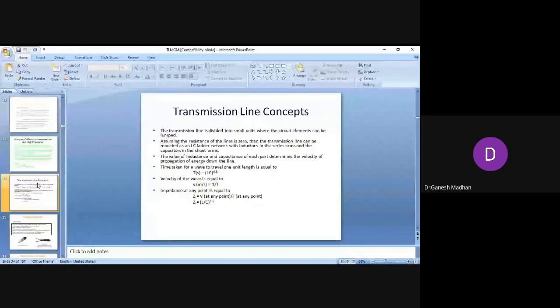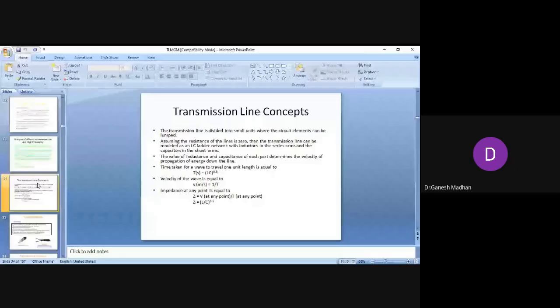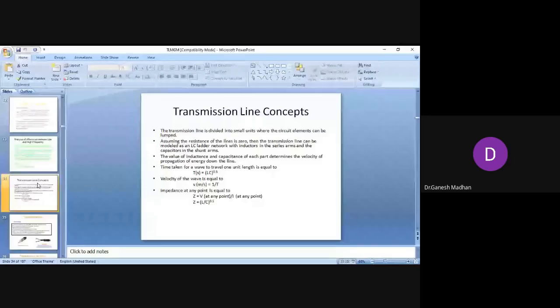But the same wire, let us say, a length of 10 centimeter wire at high frequency has to be considered as a transmission line, because at high frequency, the wave varies its voltage and current or the field as a function of distance. That means the voltage and current at various points of the wire will vary.